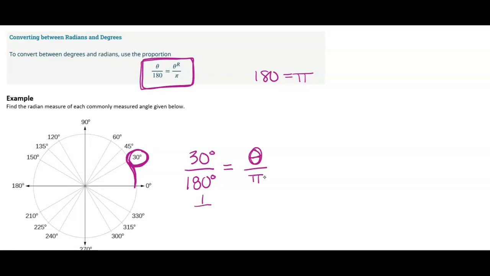Well, I end up getting 1/6 here, and then I multiply pi over. And so a very common radian measure is pi over 6 for 30 degrees.